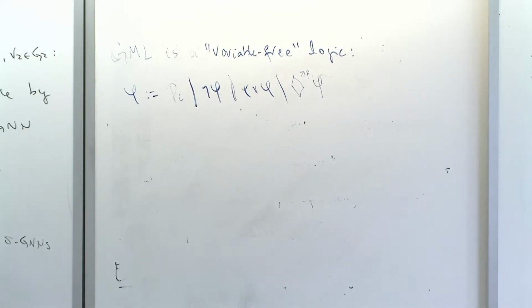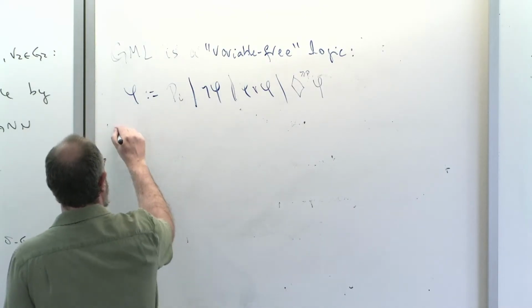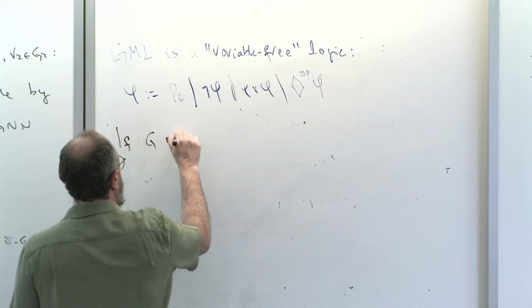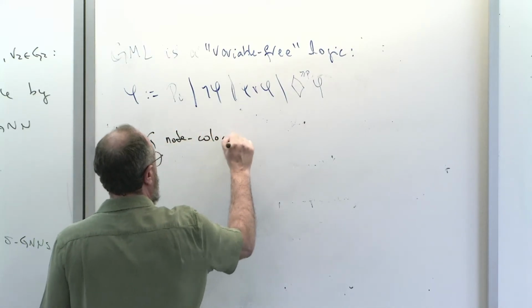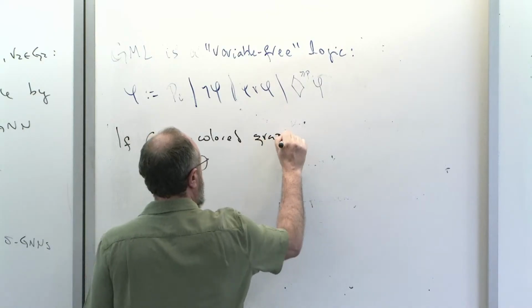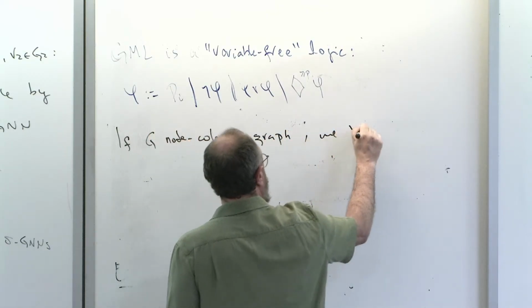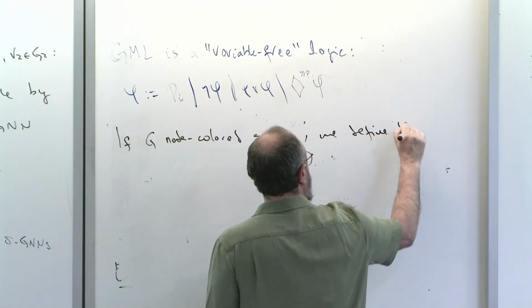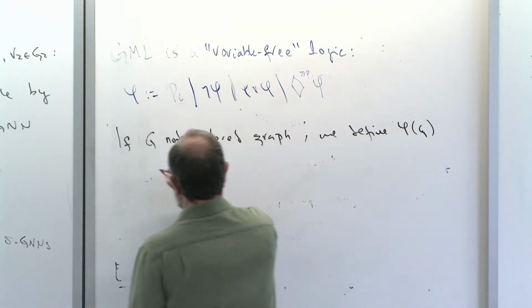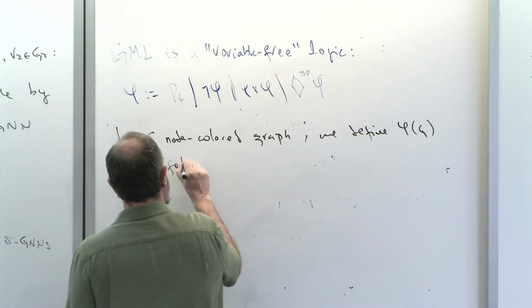Okay, so if G is a node color graph, we define phi of G as follows.